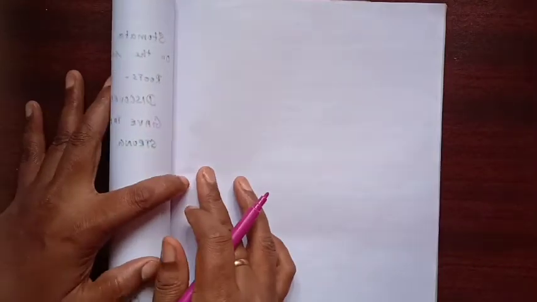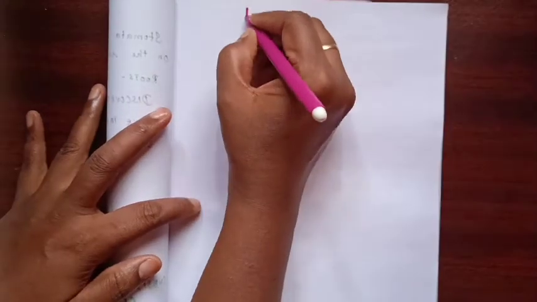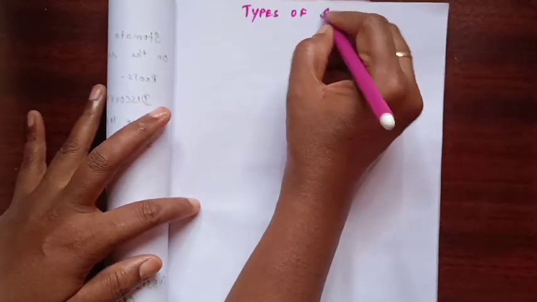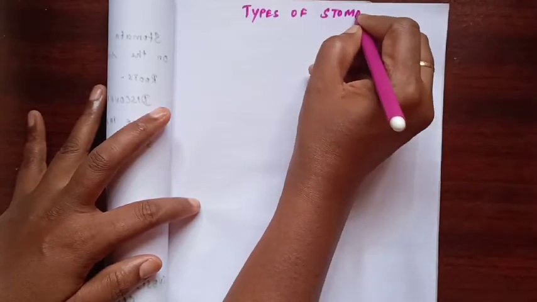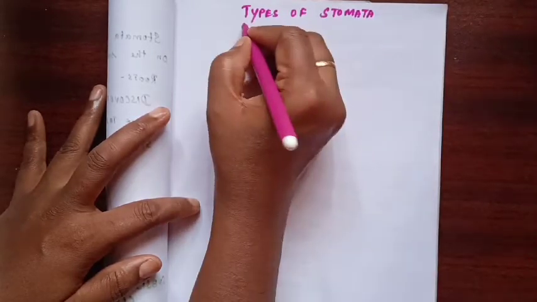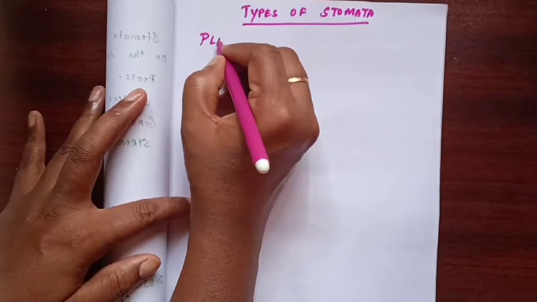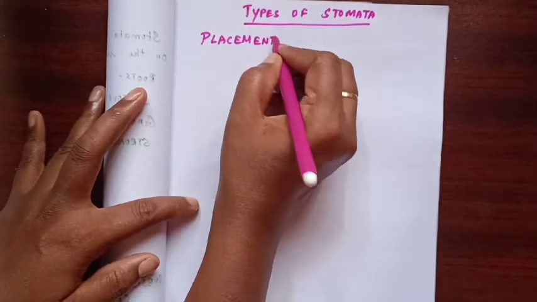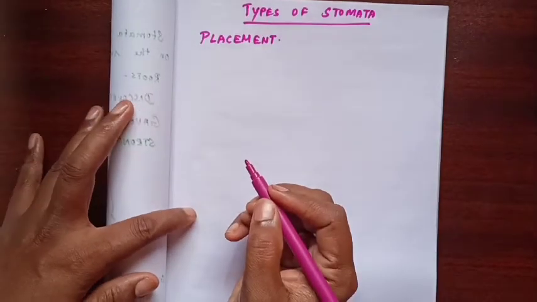Now we are going to see different types of stomata, which is based on placement. So that is the position where it is found.